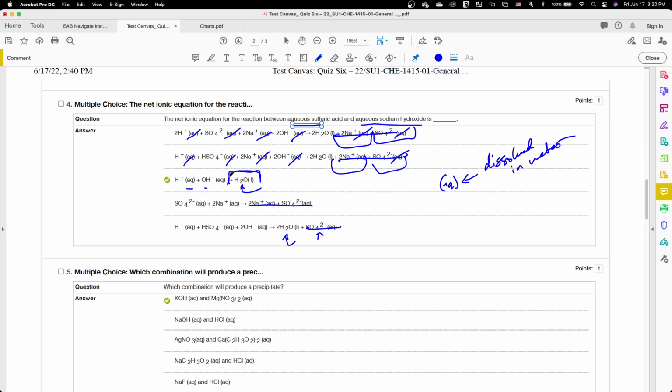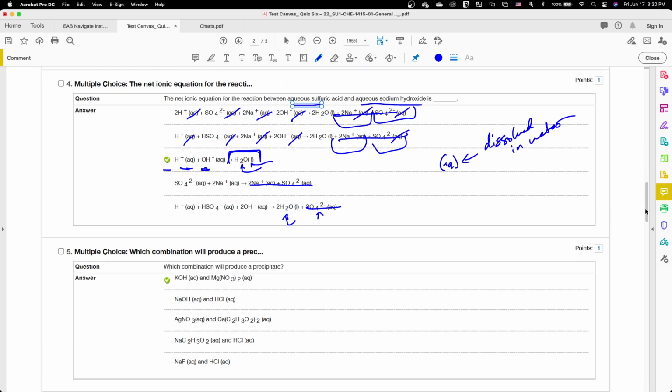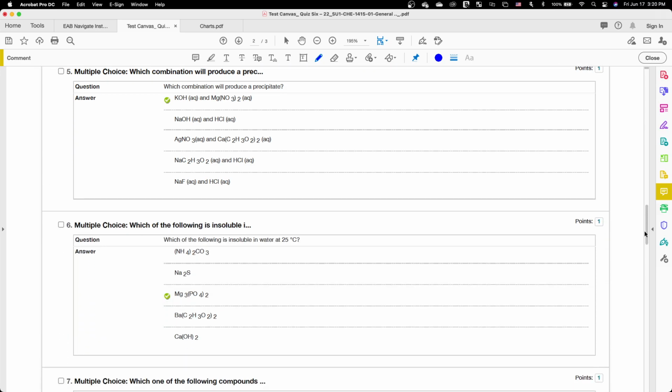And here we go, the only two ions right here, H plus and hydroxide minus, making something that's not AQ, because we have an L right there for liquid, is water. So that's definitely going to be number 4. Or rather, the answer to number 4 is C.